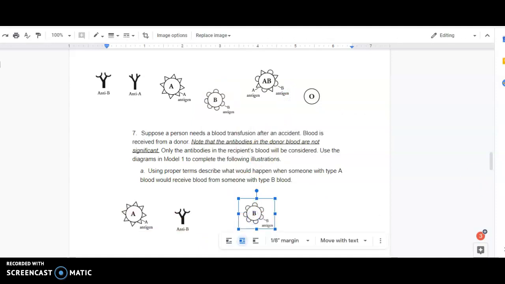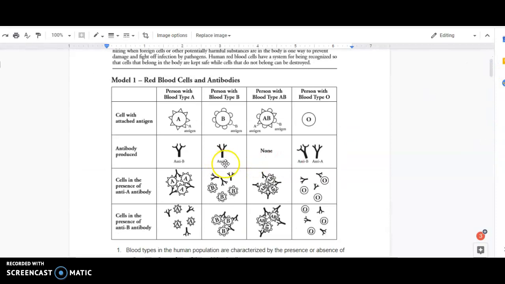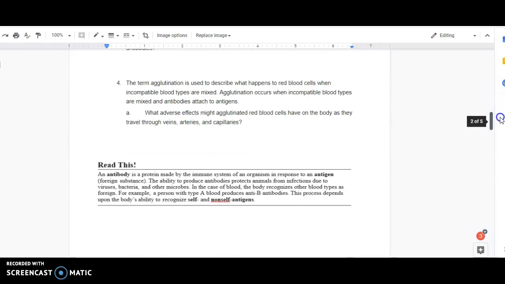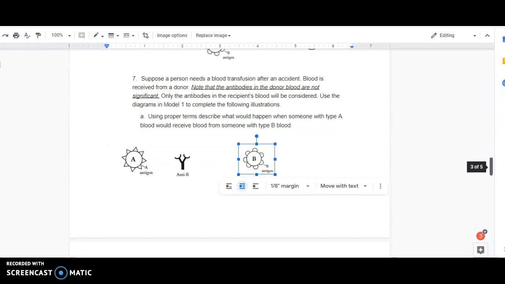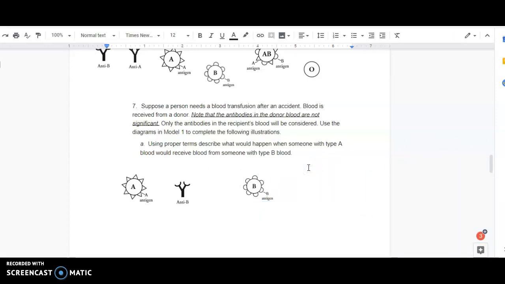And if you have type B blood, you make anti-A antibodies. But whenever you're receiving that blood, it's like you only get the B blood cells. They do not bring any antibodies from the donor and stick it into the recipient's blood. So this would be the scenario then.